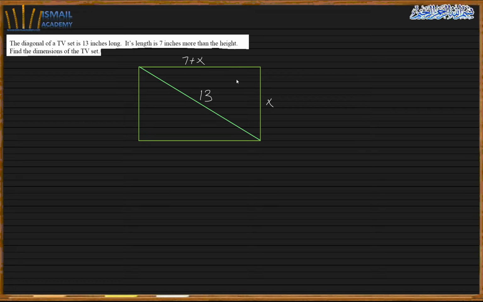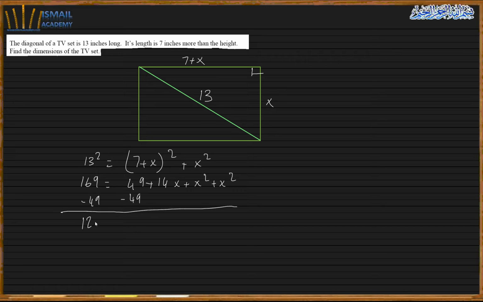I know this is a right triangle, because most TVs are right triangles except the new ones. So I'm going to use the Pythagorean theorem. I know that 13 squared is (7 plus x) squared plus x squared. So 13 squared is 169, and here it's going to be 49 plus 14x plus x squared plus x squared. I'm going to subtract 49 on both sides.